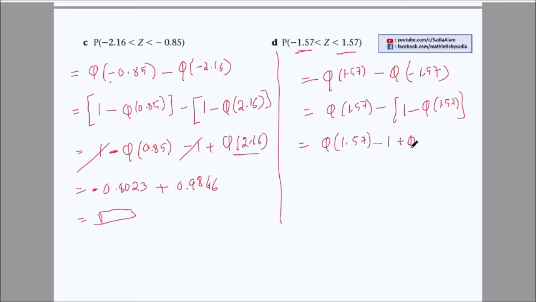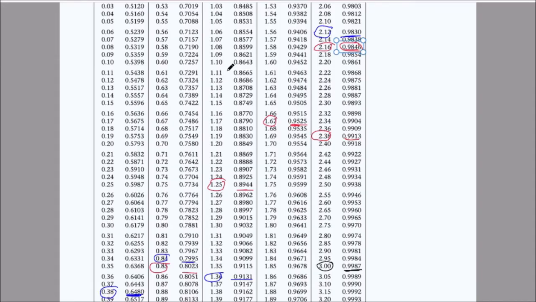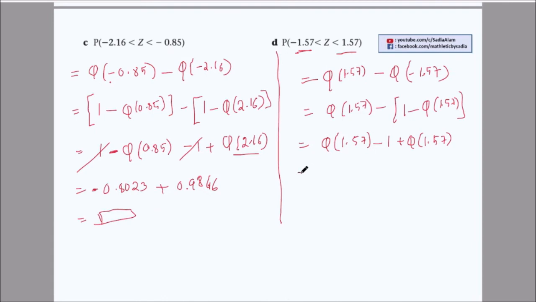Minus then plus phi of 1.57. So 1.57 is your value for z, and the probability is 0.9418. So solving this will give you the final result.